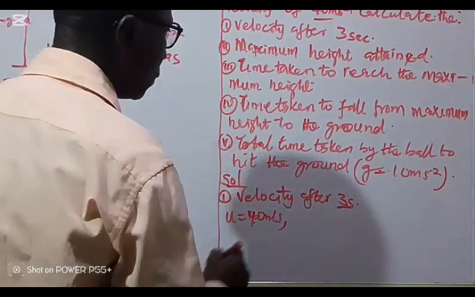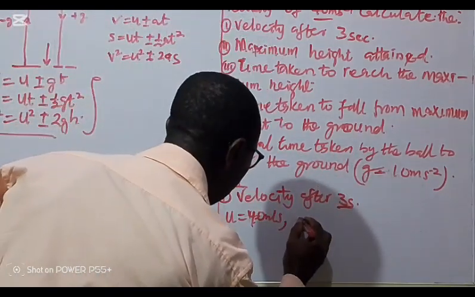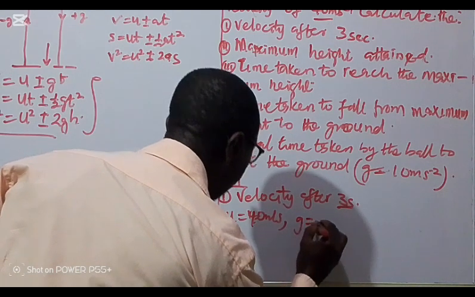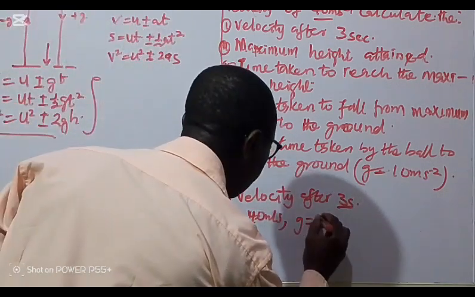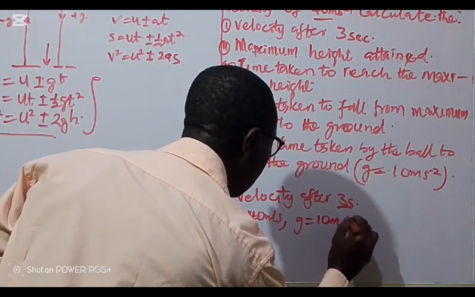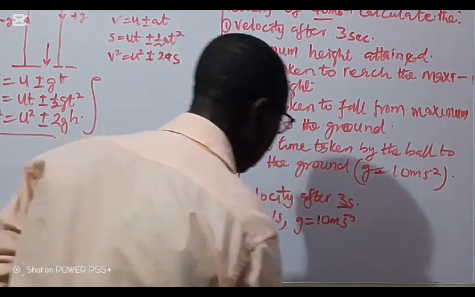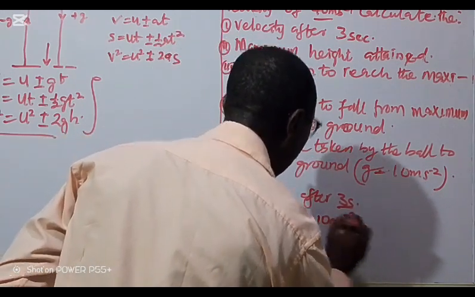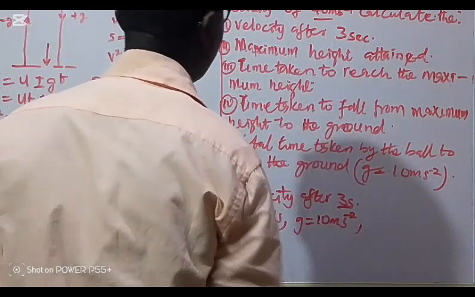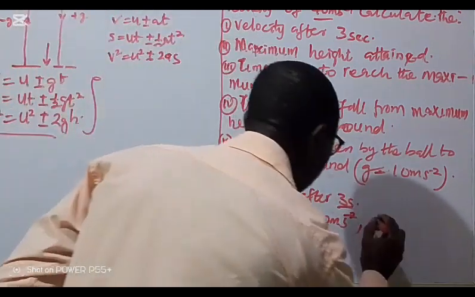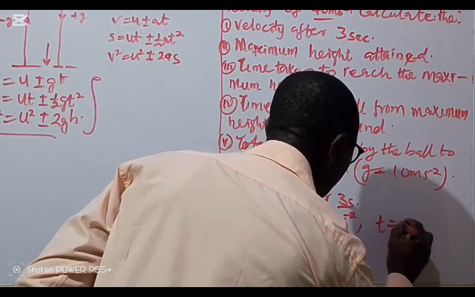Then, according to the question, g is given. That is the major influence. Acceleration due to gravity is 10 meters per second square. Then, the question says velocity after 3 seconds. Time is given: time, 3 seconds.